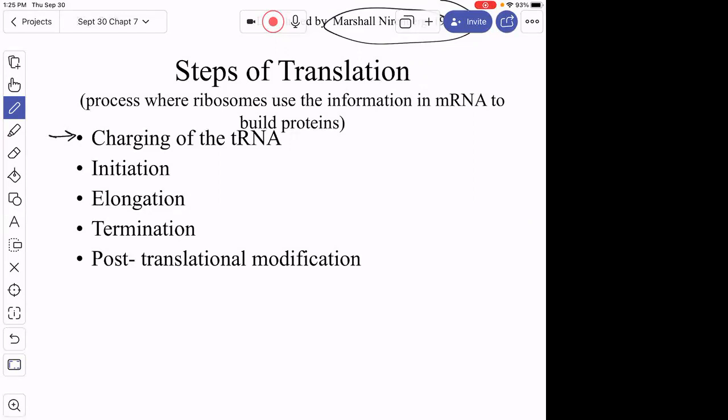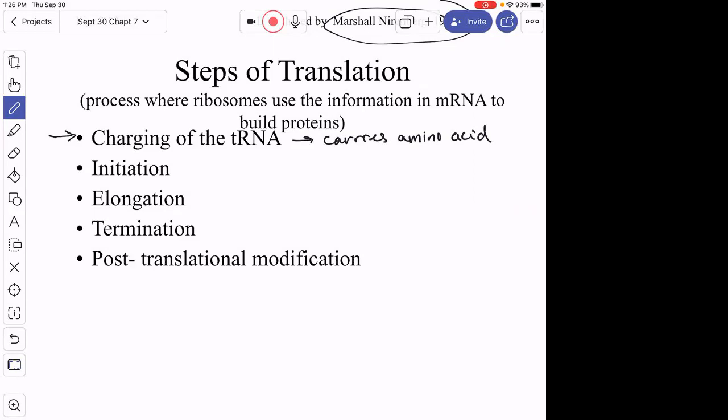A charged tRNA is one that carries the appropriate amino acid. There are enzymes that facilitate that, and it requires some energy to add the amino acid to the tRNA.